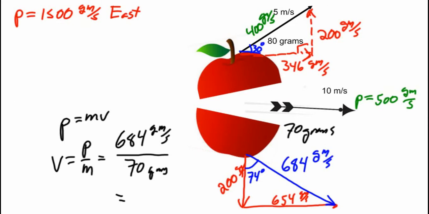So we get about 9.7. You might have a slightly different number depending where you rounded, but that's fine. We get about 9.7 meters per second at 74 degrees east of south, and it's 70 grams. So I think we went through it hopefully carefully enough.